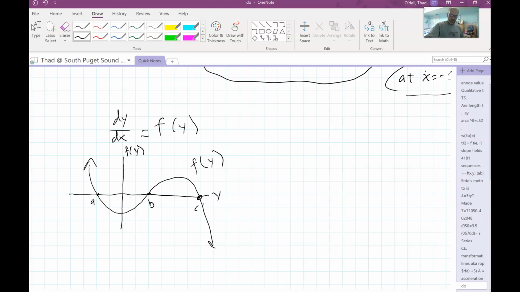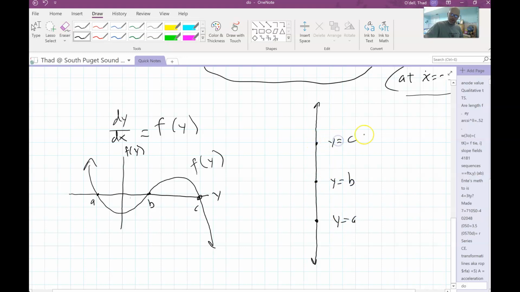So we know that we have equilibrium points at A, B, and C. So when I go to draw my phase line, I'm going to put a dot at y equals A, a dot at y equals B, and a dot at y equals C. And then the next step is to figure out whether this thing is going up or down.